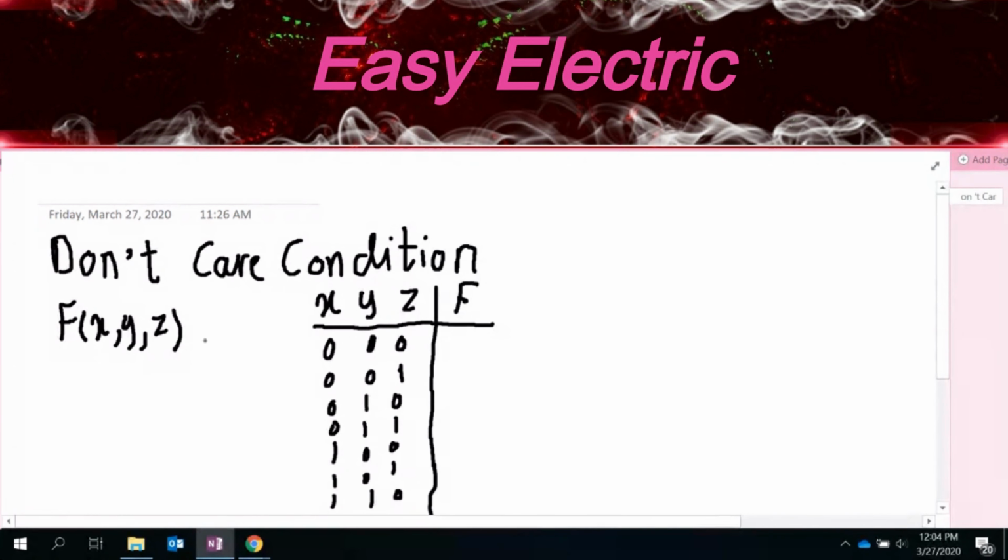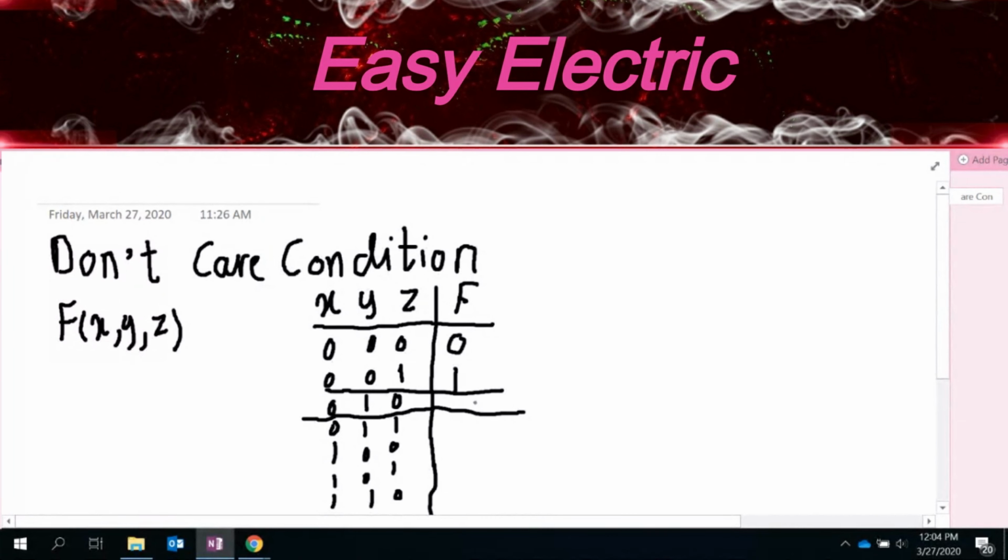Okay, so suppose for this function, whenever all of these three inputs are 0, the function is 0. Whenever x is 0, y is 0, and z is 1, it's 1. Whenever x is 0, y is 1, z is 0, you don't care whether the function will be 0 or 1.